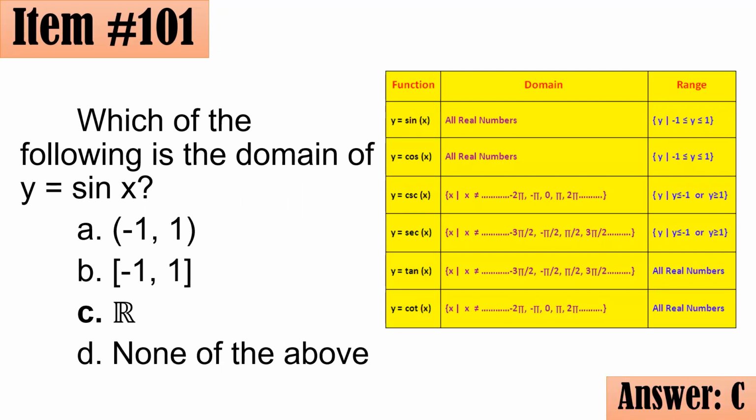Take note that y equals sine x is always defined, regardless of the value of your x. Okay? That's why the domain of y equals sine x is the set of all real numbers. Yung letter B po, I do agree with Ma'am Fel, no? It's actually the range. Letter C.